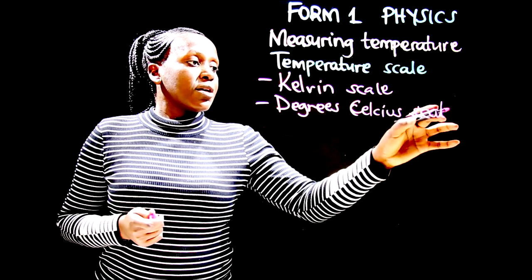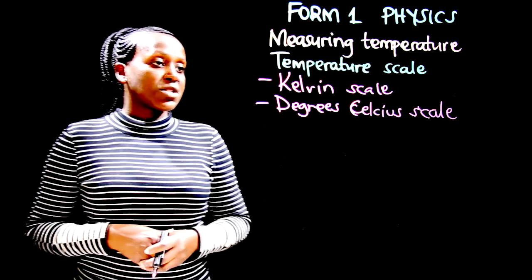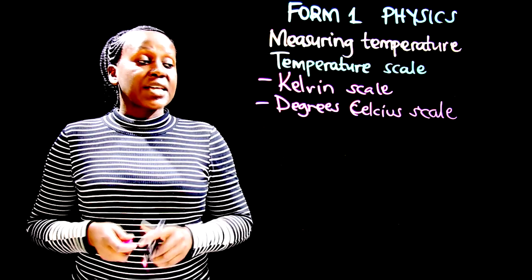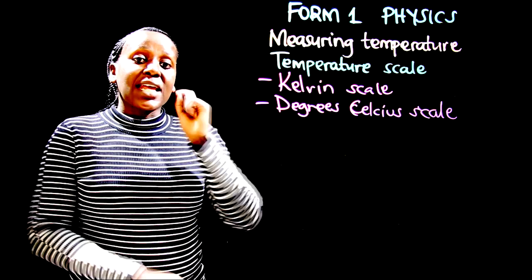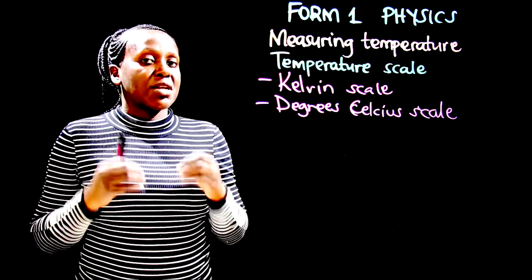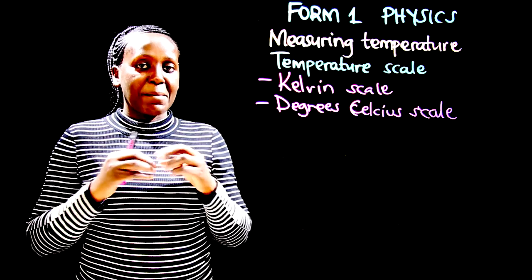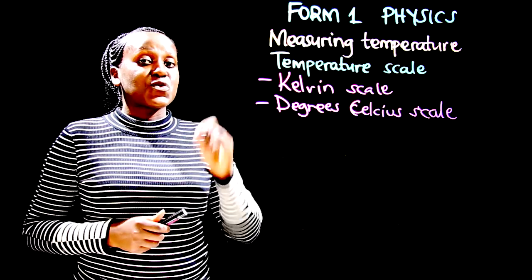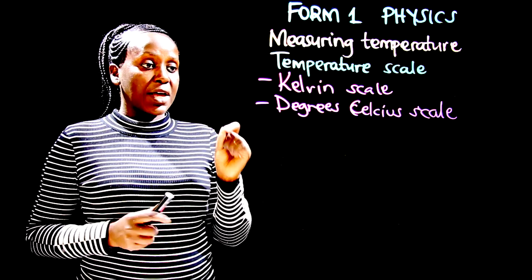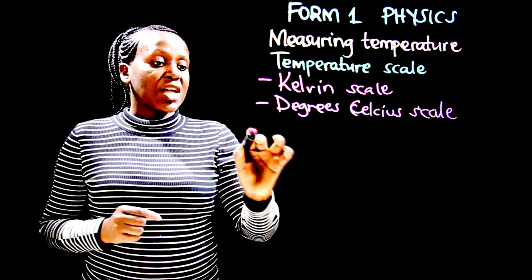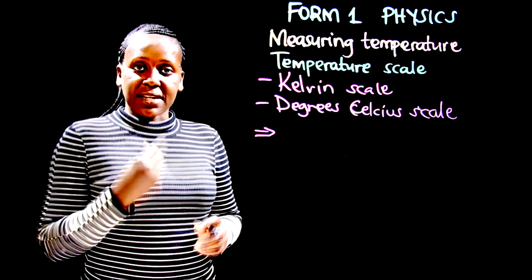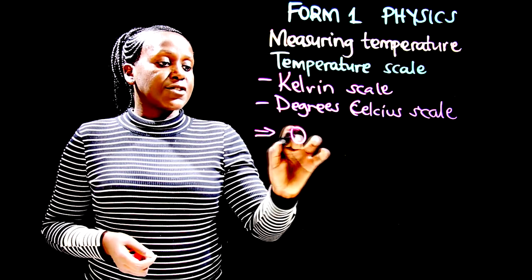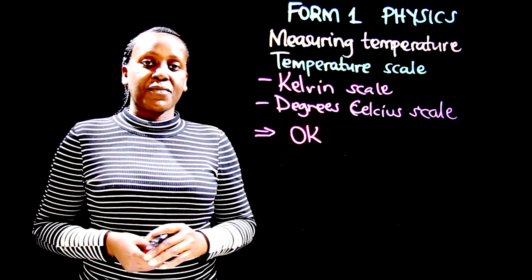Okay? Now, when we talk about the Kelvin scale, this is the scale that is used by most scientists. The least temperature that is possible to be measured is equivalent to 0 Kelvin, okay? So the least temperature that can ever be attained by any substance is 0 Kelvin.